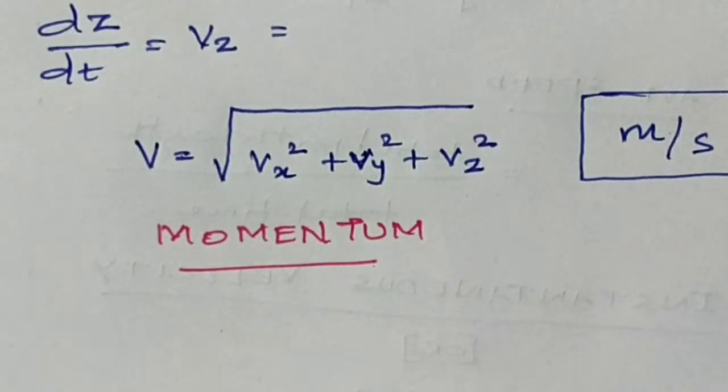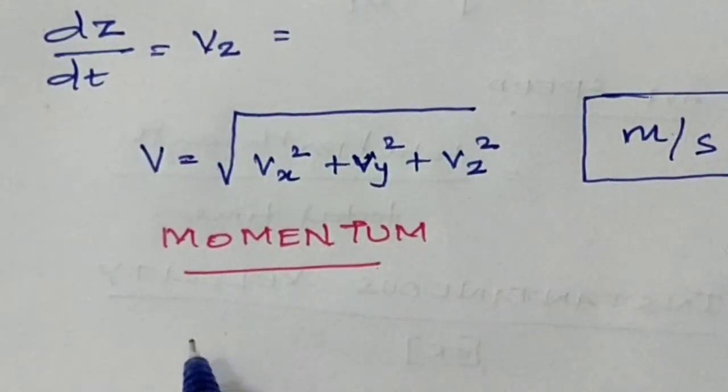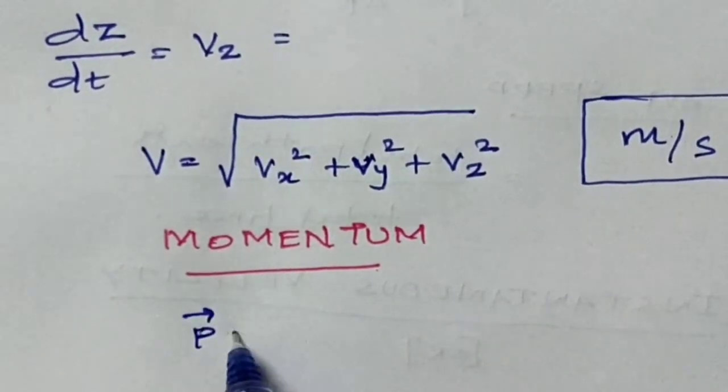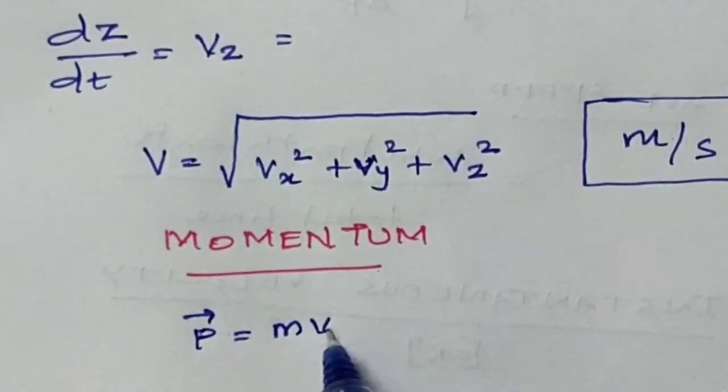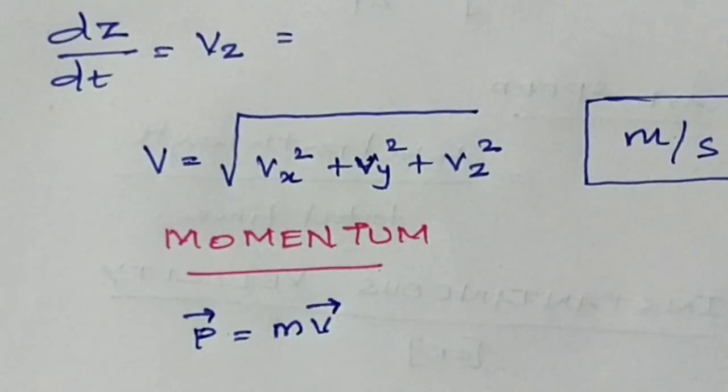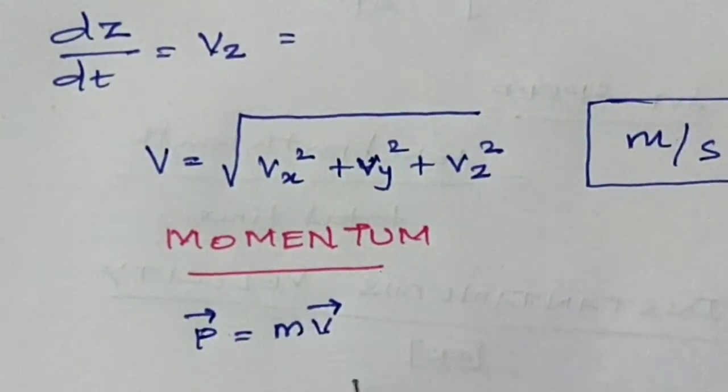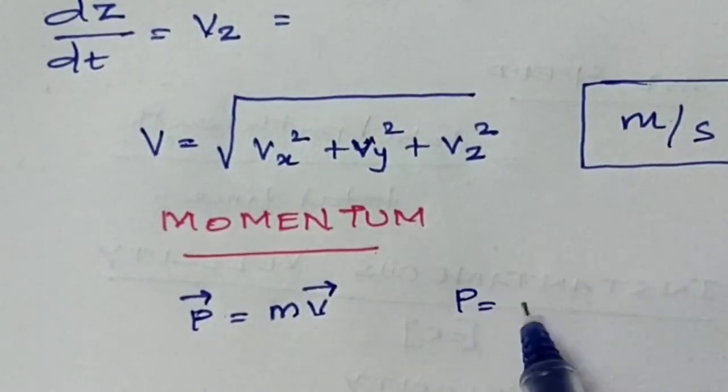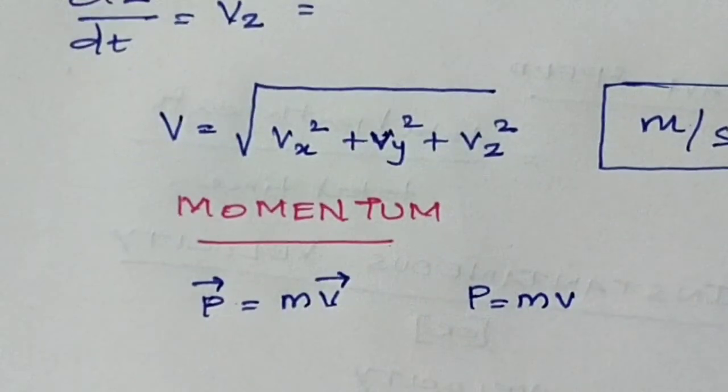Now the momentum. Momentum means the product of the mass with velocity. It is a vector quantity. In scalar form, p equals mv, and the direction of the momentum is the direction of the velocity.